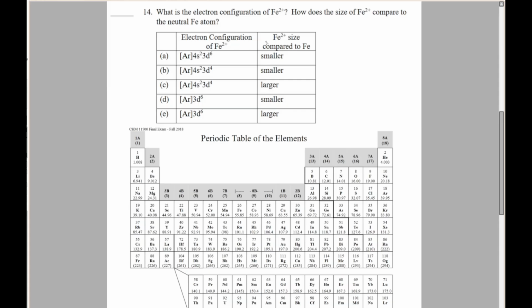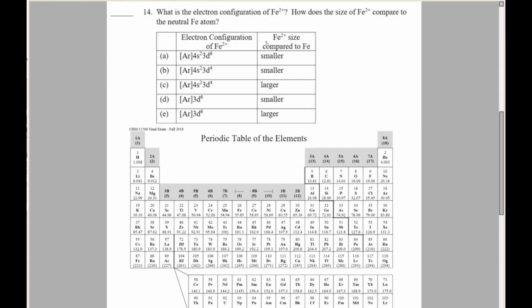However, cations have fewer electrons, and anions, which are the negative ions, have more electrons. So we have a positive iron cation, which means it's going to be smaller because we have fewer electrons but the same number of protons in the nucleus. Each proton can exert a greater magnitude of attractive force on the remaining electrons. So that's going to be smaller.